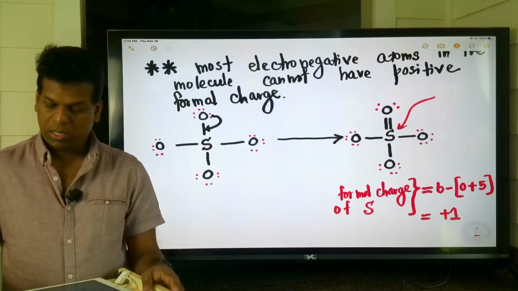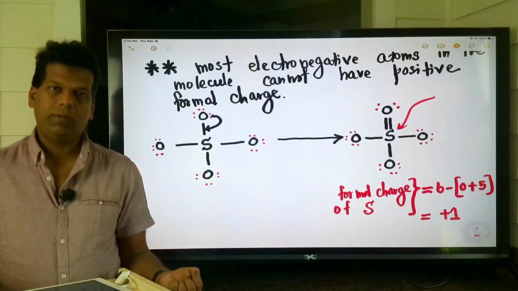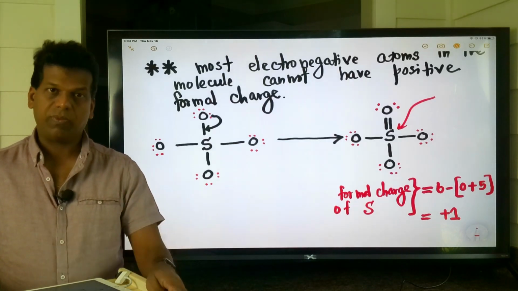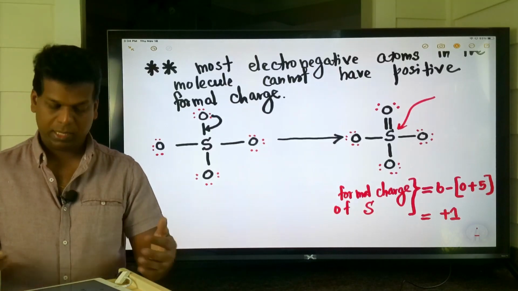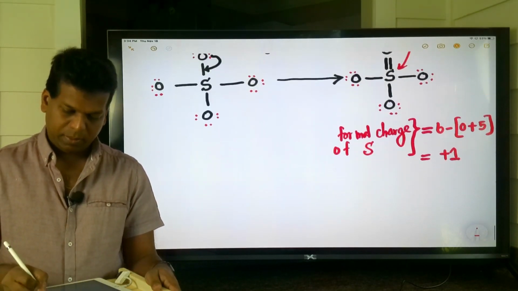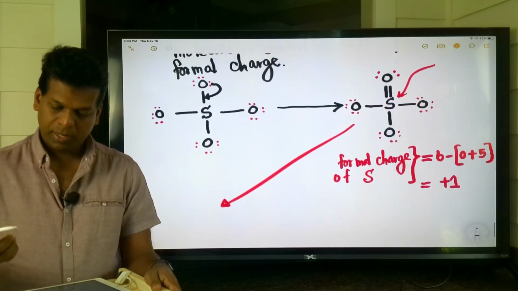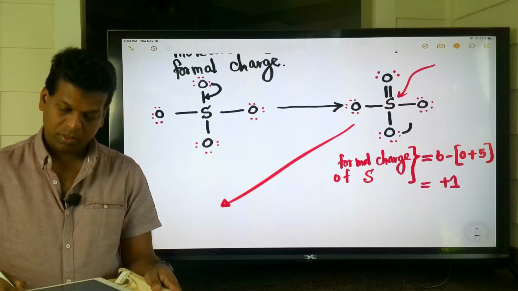So now as you can see, when we shared one pair of electrons, the formal charge went down by 1. If you want to get rid of this +1, then what we can do is we can share another pair of electrons with sulfur. In that case we can make it 0. So I'm going to share, let's say, this pair of electrons with sulfur.